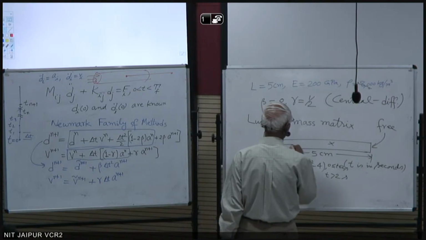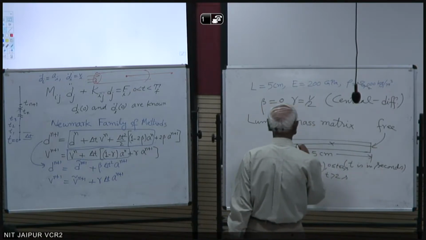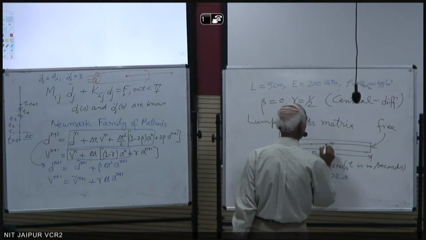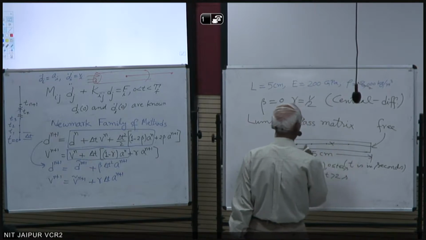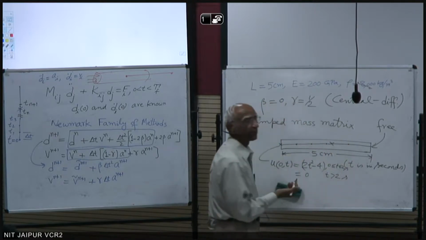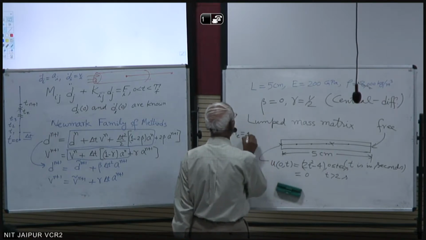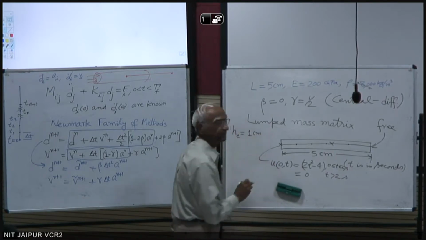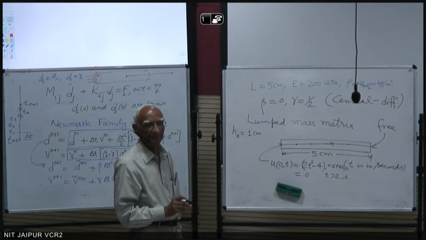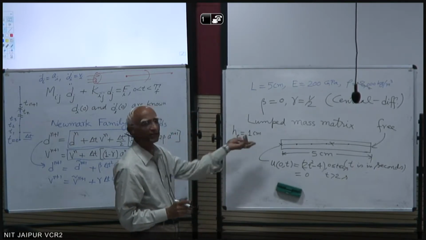If we take, say, 1, 2, 3, 4, 5 elements, the length of each element is 1 centimeter, because we have a 5 centimeter long bar.